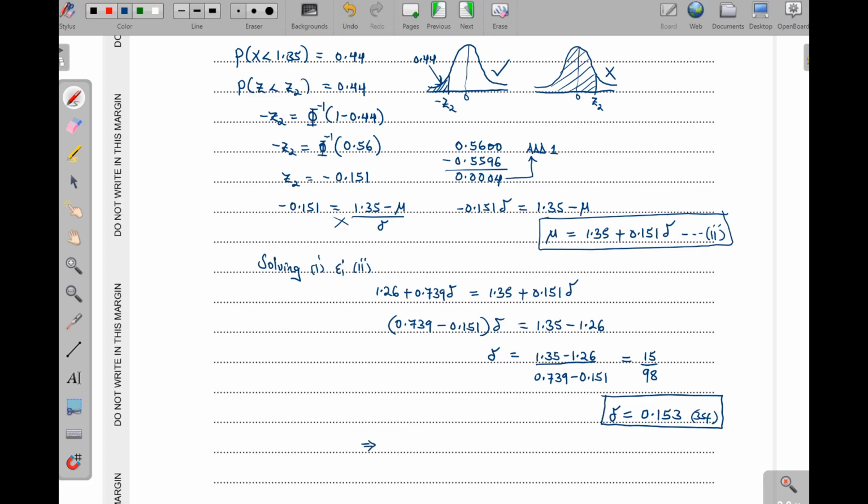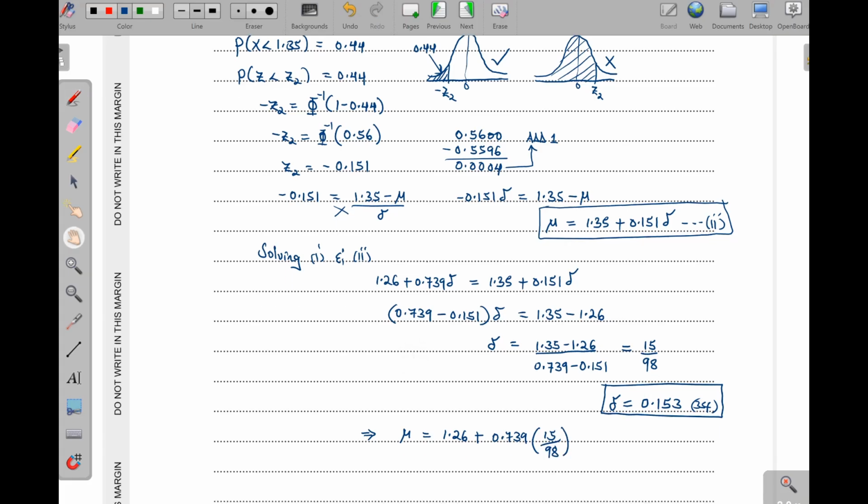Then we can now substitute for mu in any of the equations. So I can say mean is going to be, I can substitute here 1.26, then plus 0.739 times the standard deviation. I don't need to substitute using this one that is rounded off. You can substitute using this. That's why I've gotten the fraction here, okay? 15 out of 98.